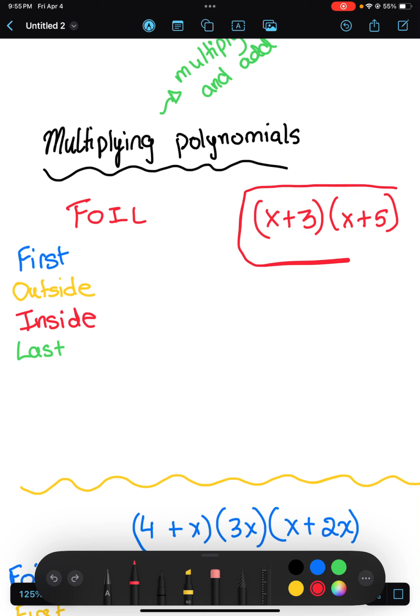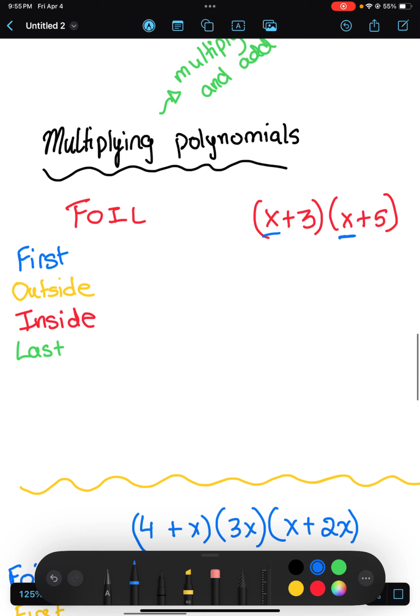So multiplication often with polynomials looks like this. You will have two polynomials in brackets by each other, and that just means they are being multiplied. So when you see something like this is your first polynomial, this is your second polynomial, and they are being multiplied, okay? So FOIL stands for first, outside, inside, and last. So that just means you want to start by multiplying the firsts of your two polynomials.